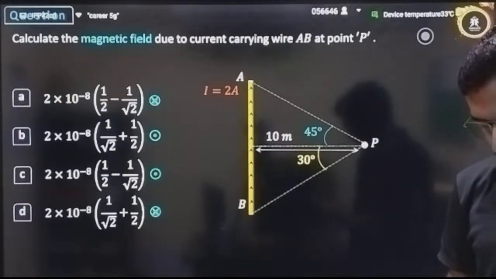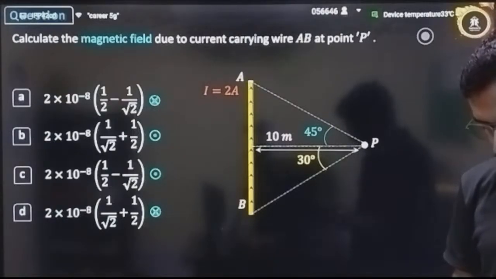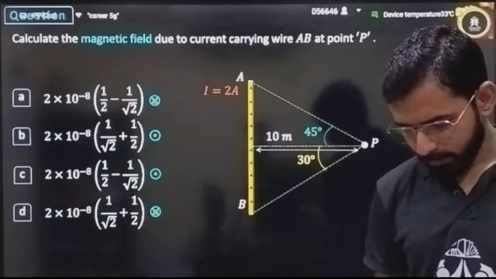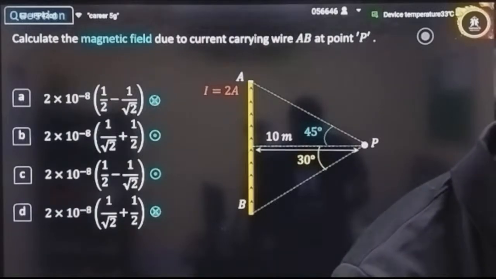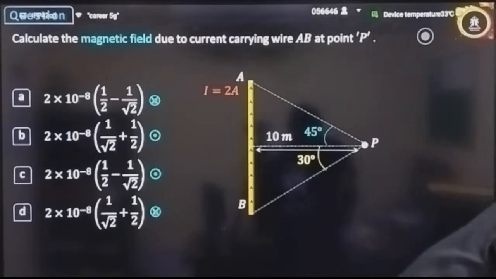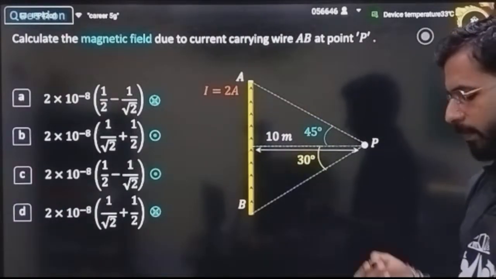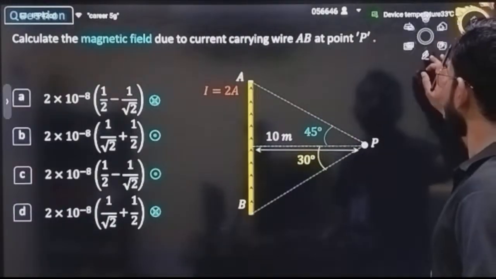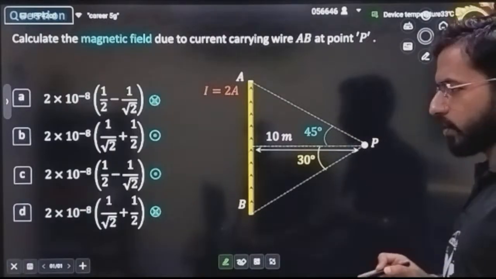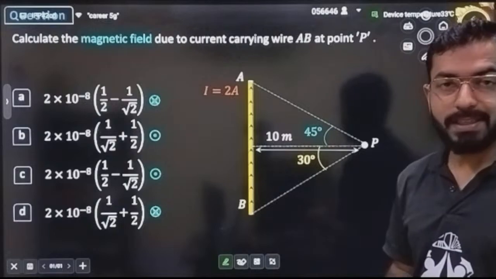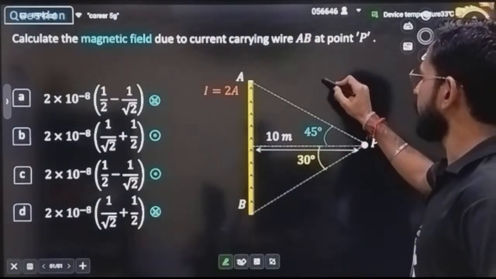Try to solve it. Let's see how we solve the question. Calculate the magnetic field due to current carrying wire AB at point P. Simple question, but you will see how the formula that you have derived will be applied here.